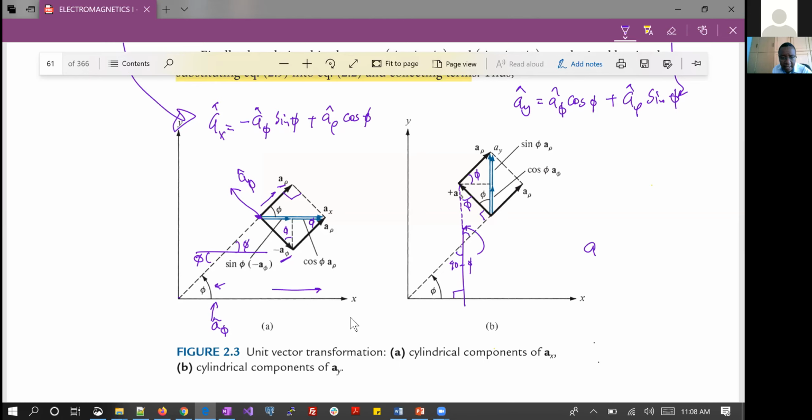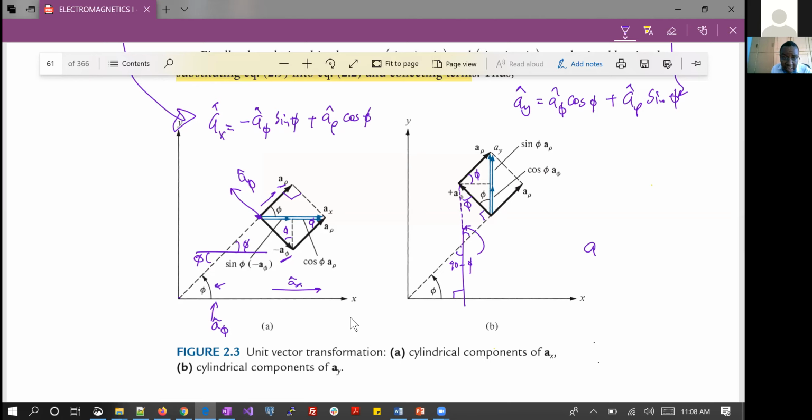That the radial direction is described by the unit vector A rho. Therefore, to find the unit vector in terms of x direction, we want now to find our AX from those two directions that we have just defined, A rho and A phi.